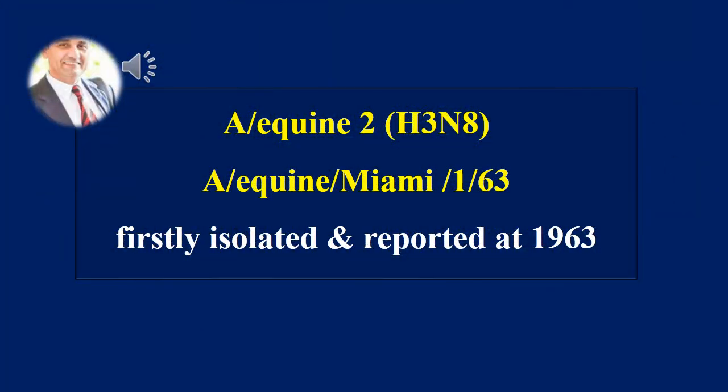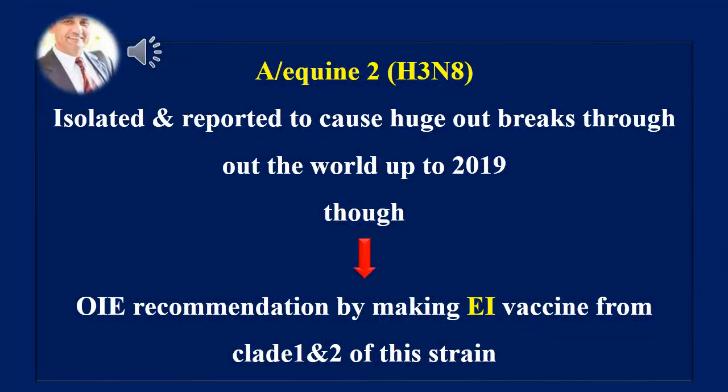The H3N8 strain and the Miami/1/63 strain were first isolated and reported in 1963 in the United States. The H3N8 strain has since caused huge outbreaks throughout the world up to 2019, so the OIE recommends making vaccines from clade 1 and clade 2 of this strain.